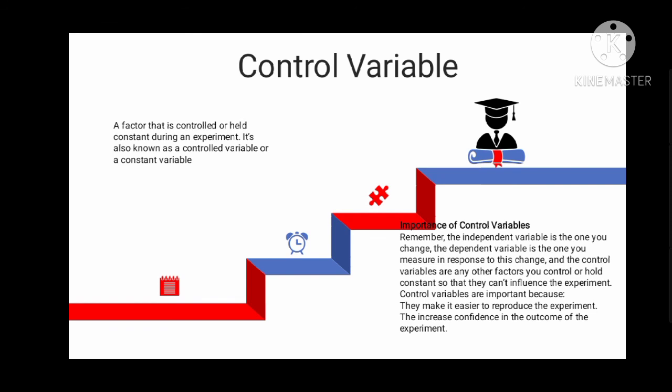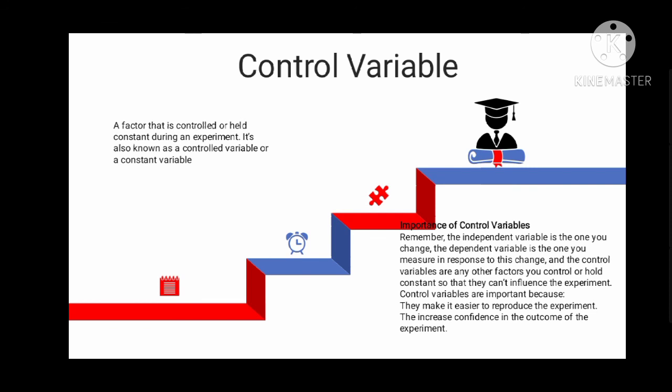Sometimes we think that we have controlled everything except the independent variable, but the results are still not exact, right? This could be due to what is called a confounding variable. So that's the importance of control variables.